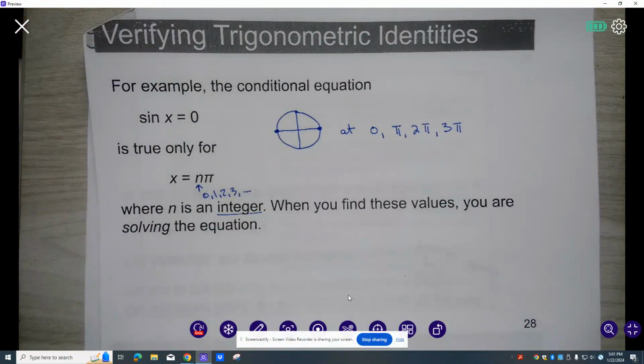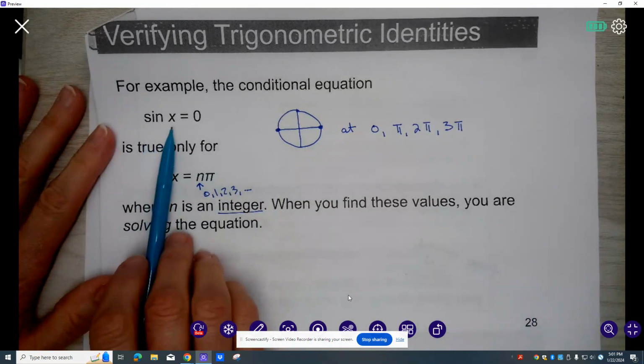This first example, I'm going to leave it up to you. This one is not a real urgent one that needs to go into your notes, but if you want to put it in your notes, then pause the video and copy it. So this is kind of an example of verifying.